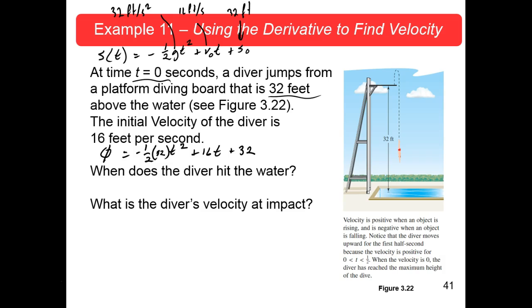Notice everything here is a multiple of 16, isn't it? And half of 32 is 16. So here basically we have 0 is equal to minus 16 t squared plus 16t plus 32.